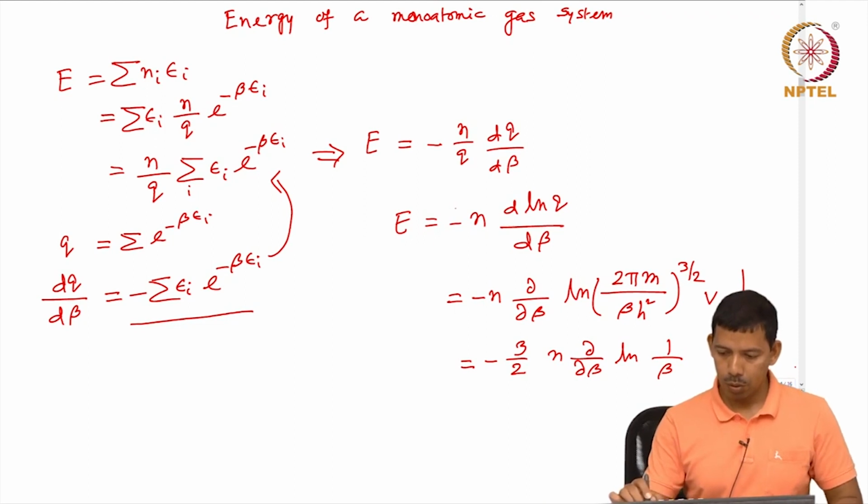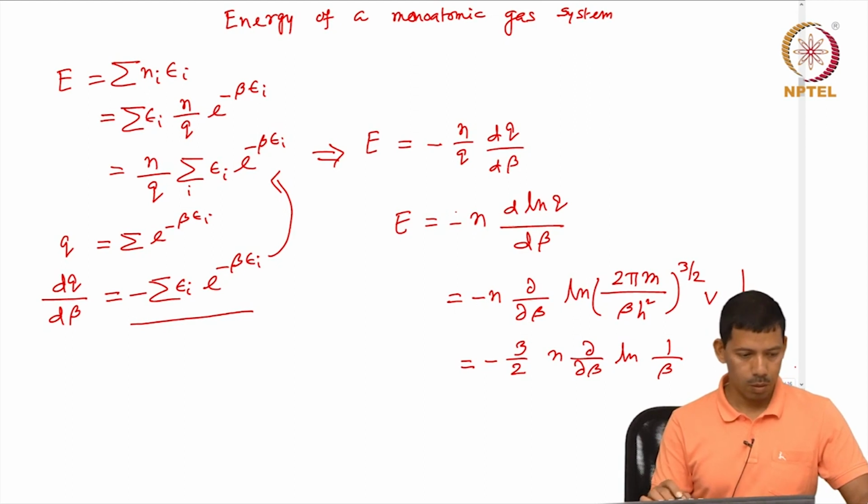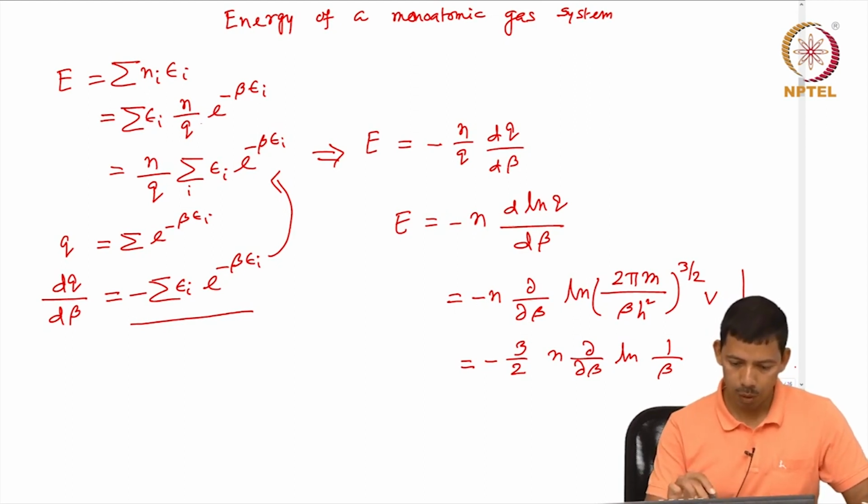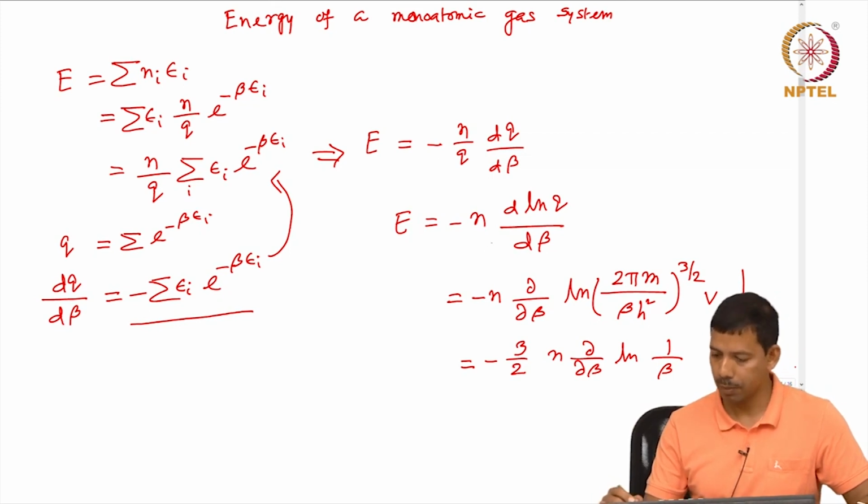So let's make sure that everything is correct. We had E equal to the sum of Ni epsilon i, with Ni equal to N by Q e to the power minus beta epsilon i. We put this back and got minus N by Q dQ d beta, which is nothing but minus N del ln Q d beta, and we put in the expression of Q for the monoatomic gas.